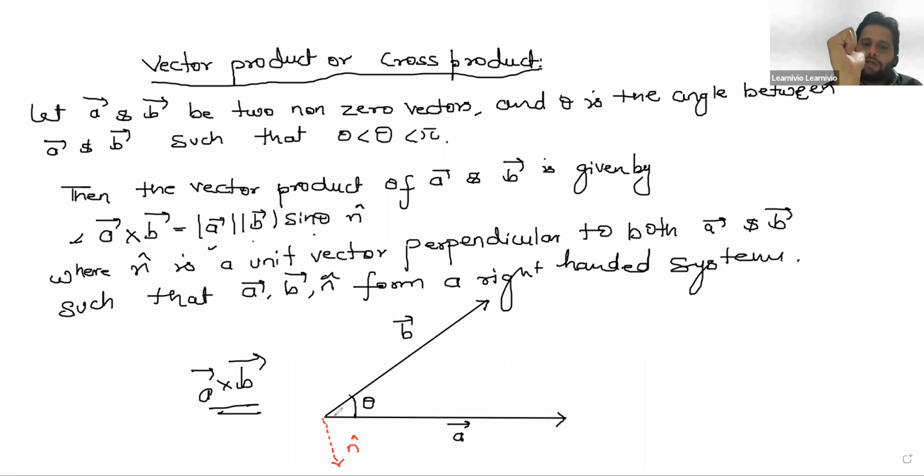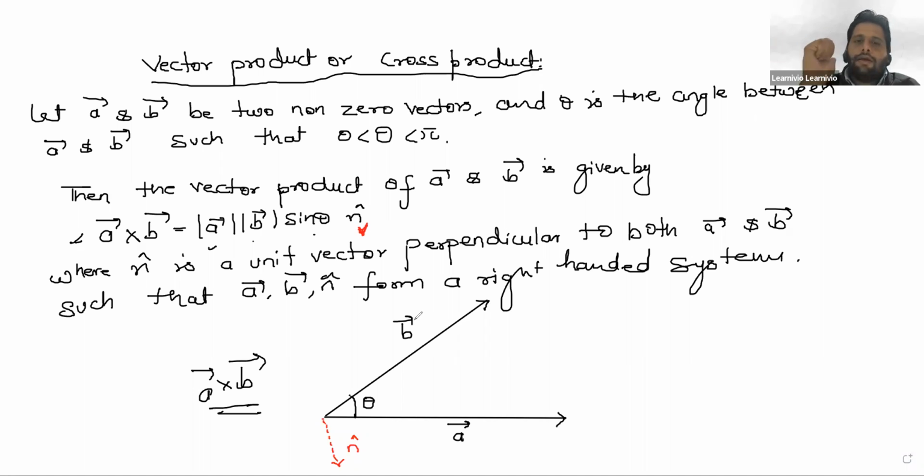Please remember what n cap is. You can get questions from the concept of n cap. I hope this is clear to everyone, that n cap is perpendicular to both vectors A and B, and it is outwards from the screen.